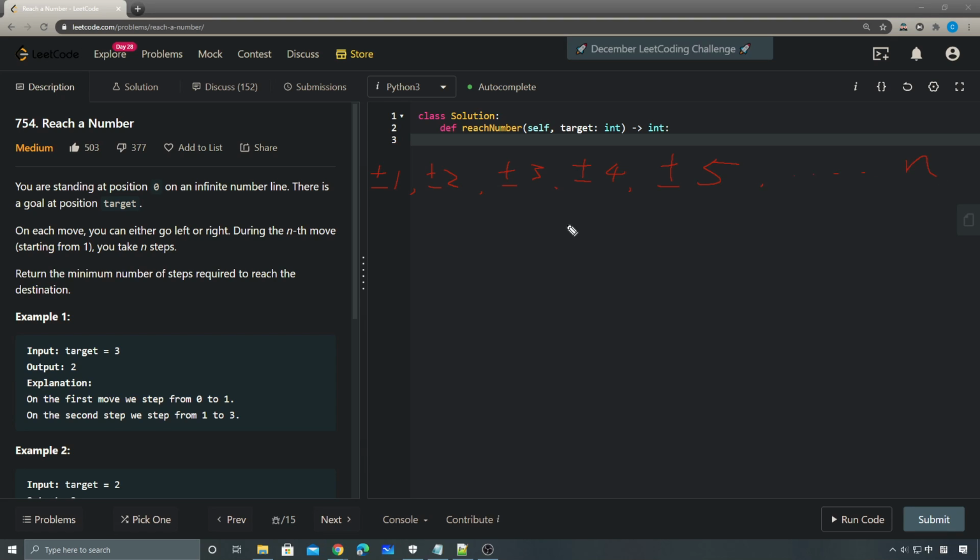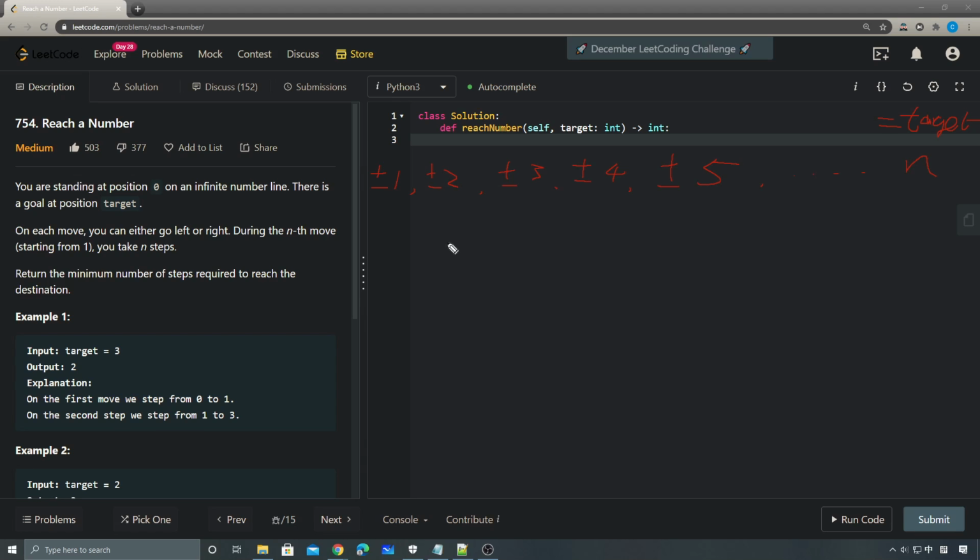The problem is that we need to put either a plus or minus sign on each of the numbers so that the final result equals the target. We need to figure out how many numbers we need, and the numbers are always increasing by 1.